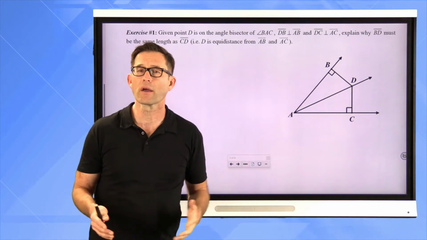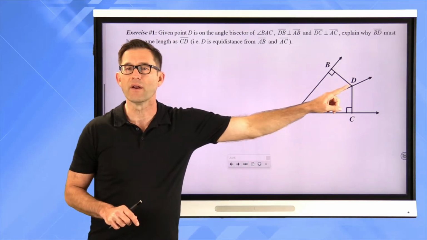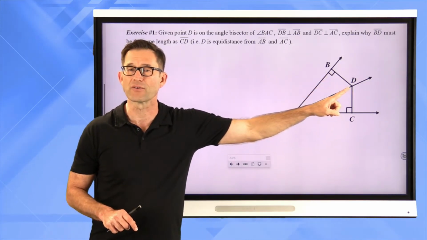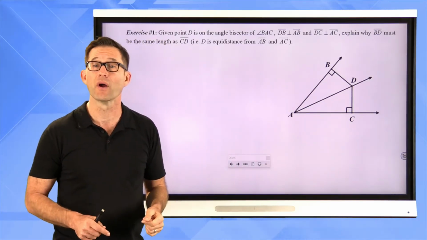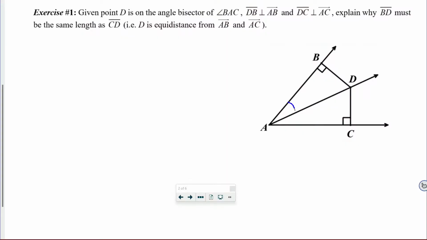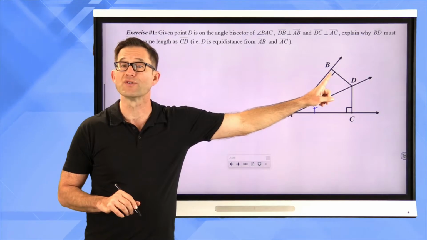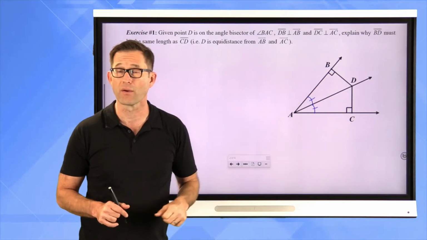So let's get this down in words. Why does this point have to be equidistant from this and this if it lies on the angle bisector? Well, think about this for a moment. If point D lies on the angle bisector of angle BAC, then this particular angle is equal to this particular angle. We also know that that particular angle, which is a right angle, is equal to that particular angle, because they're both right angles.